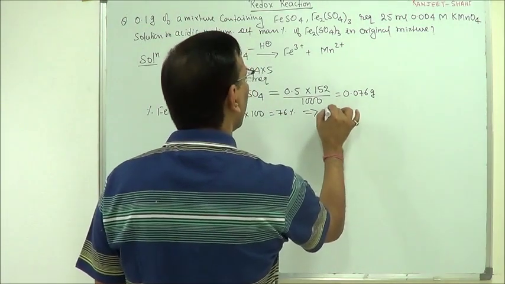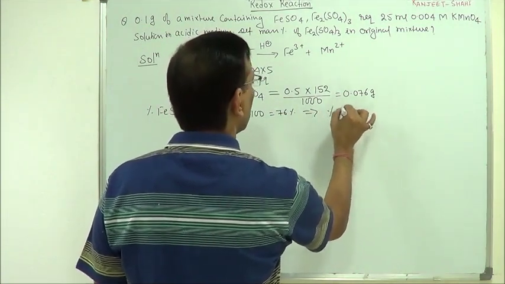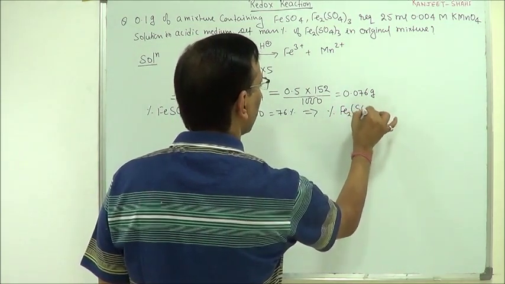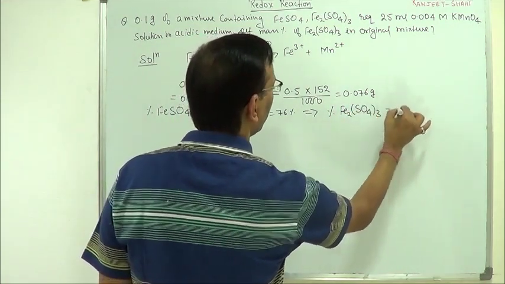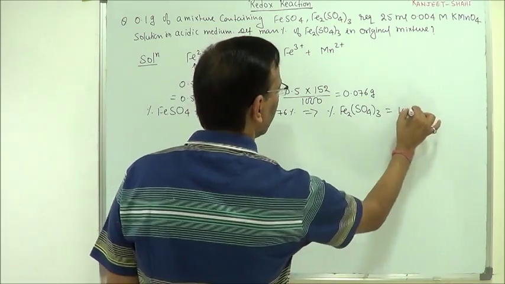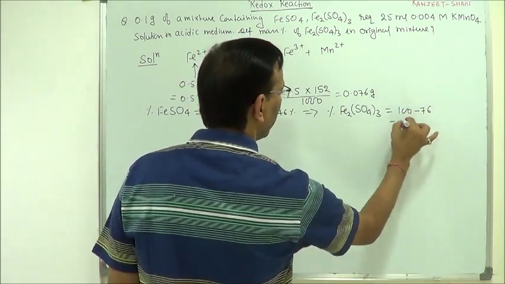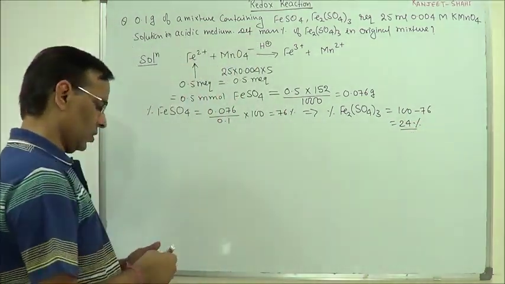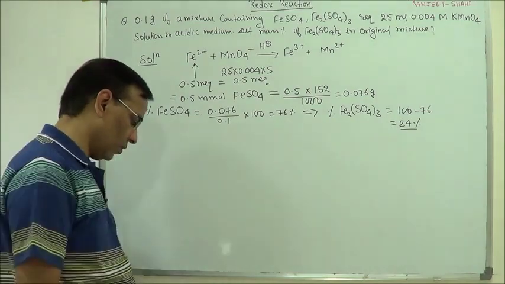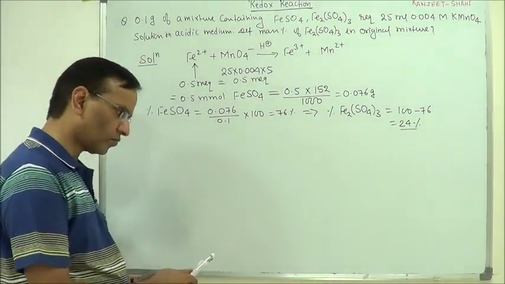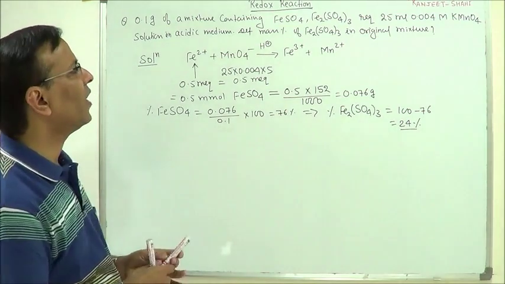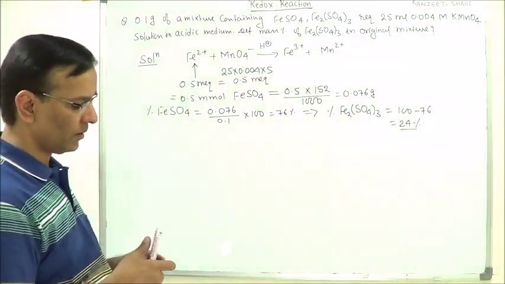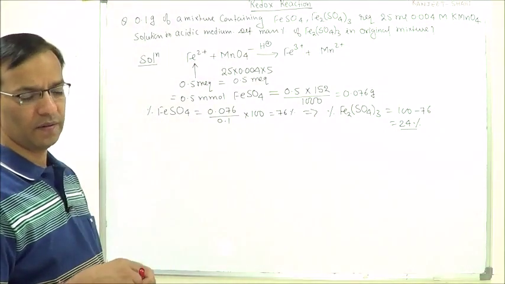So mass percentage of ferric sulfate, which will come by subtraction, will be 100 minus 76, or 24%. So in this titration, we have determined the percentage of ferric sulfate indirectly by titrating ferrous sulfate with potassium permanganate.